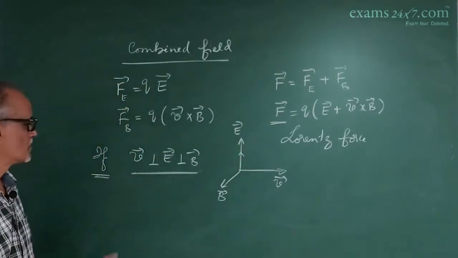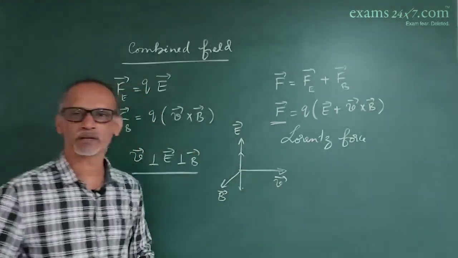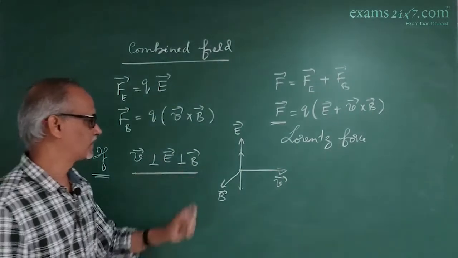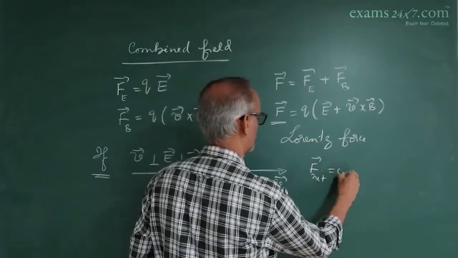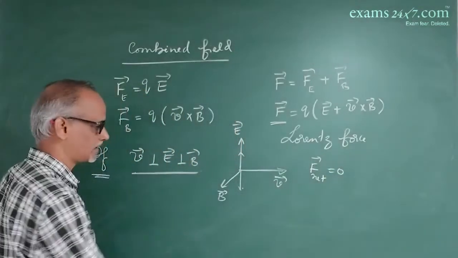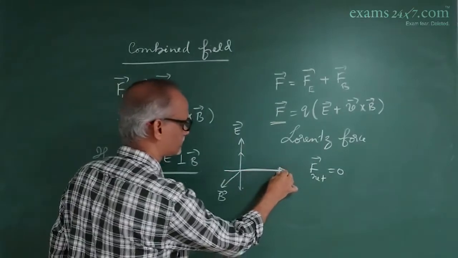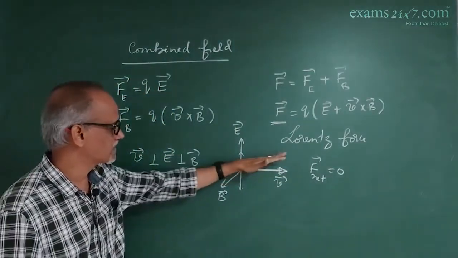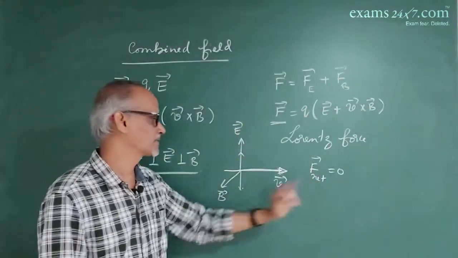Due to the magnetic field, it experiences a force in the downward direction, and if the net force is 0, then the particle moves undeflected. It will not deviate from its path, it will move straight, only if the net force is 0.